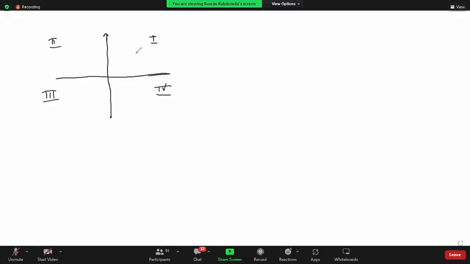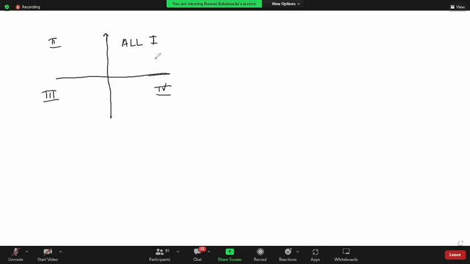If the angle lies in the first quadrant, all the values of sine, cos, and tan are positive.